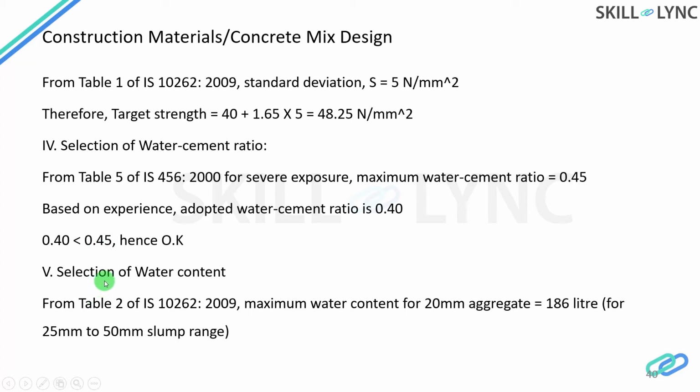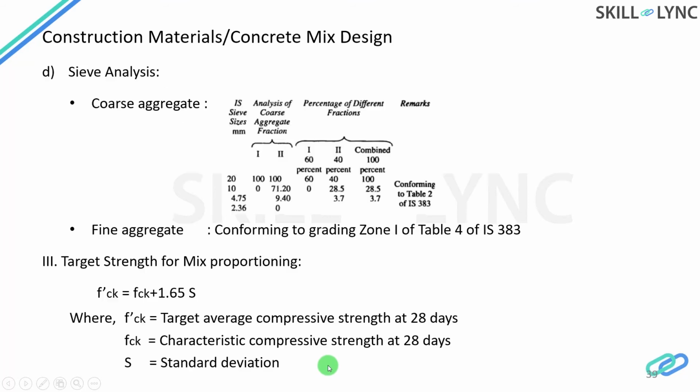Next we have to calculate the selection of water content. We have calculated the water cement ratio. Next is the water content. This water content is also taken from Table 2 of IS 10262:2009. The maximum water content for 20 mm aggregate, for the 25 to 50 mm slump range, is 186 liters.